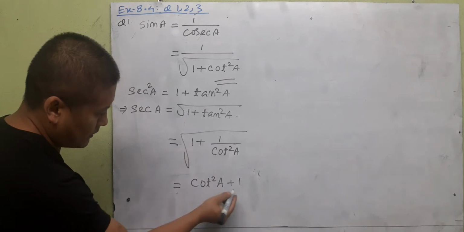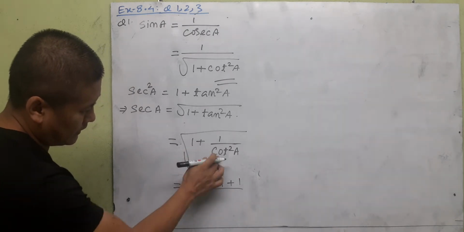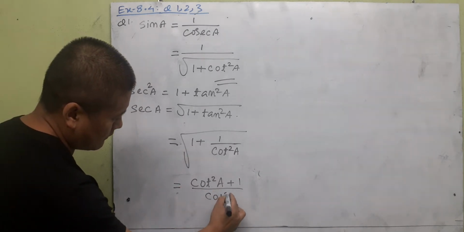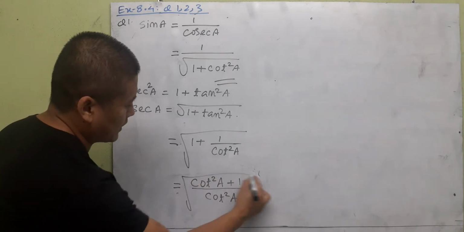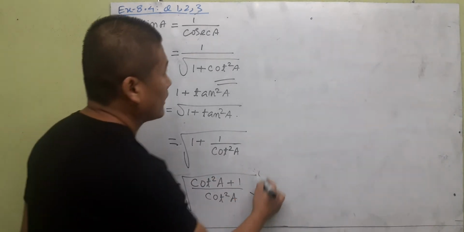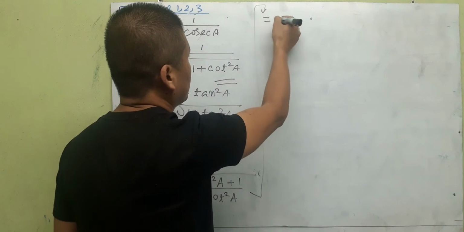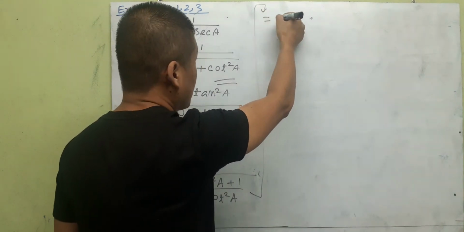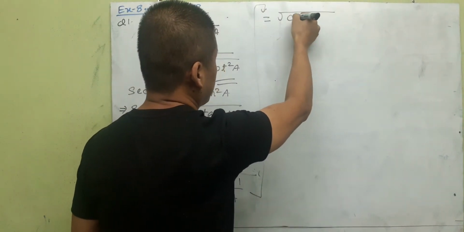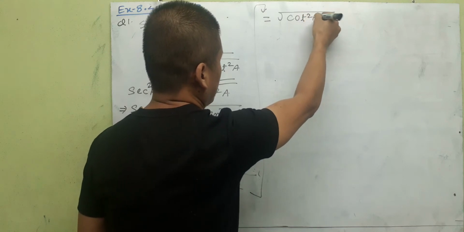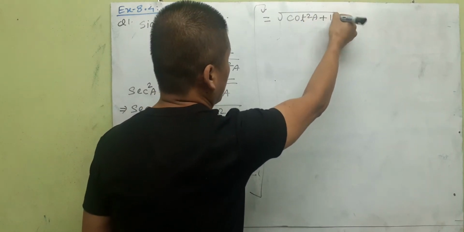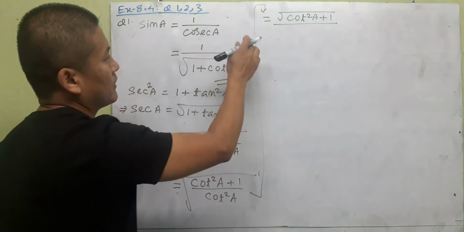Since we have multiplied here, long line should cover up to there. And the LCM is cot square A. And root should come, right? And the next step here, that will be equal to, this one we cannot remove. So we'll just write it under root cot square A plus 1 or 1 plus cot square A, same thing.